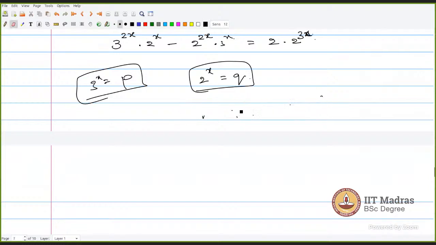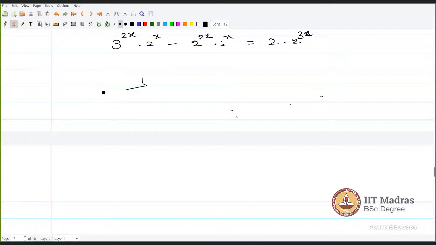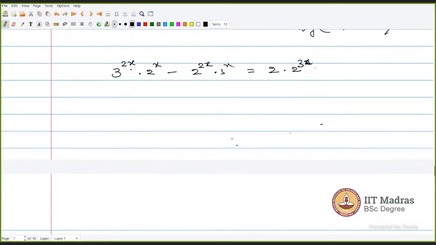Then don't take this, I don't want to take this. Just directly divide it. As I can see 3 power x and 2 power x, I just wanted to divide it by 3 power x and 2 power x on both sides.